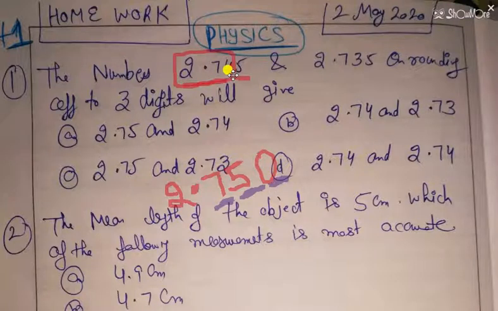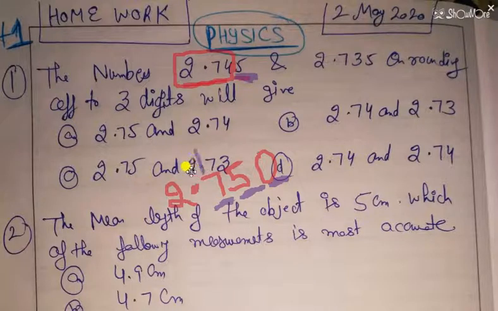So you can say here its value is 2.74745. So this term is 5. I have to round it off into three places. So the third digit is 5.